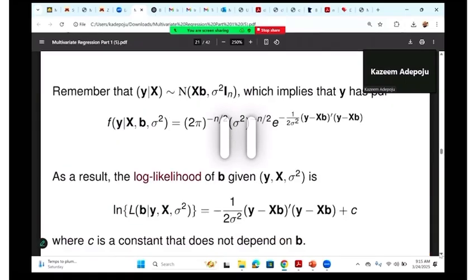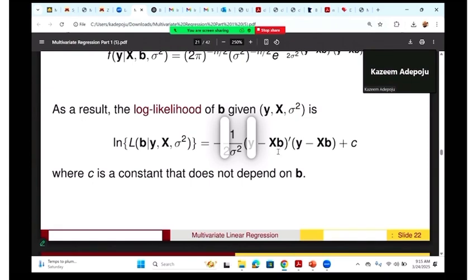Up to this moment, what I need to do is perform a derivative.